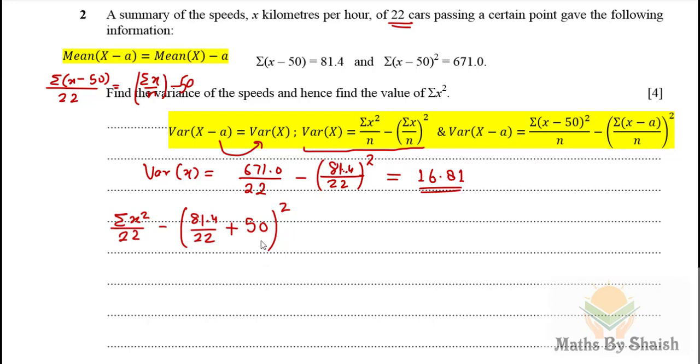So this value is sigma of x over n, and since it is a variance, we have 16.81.